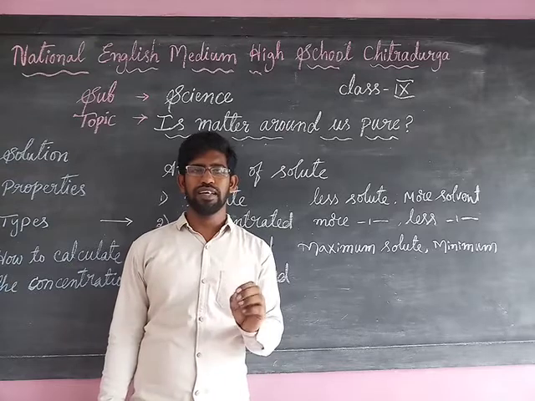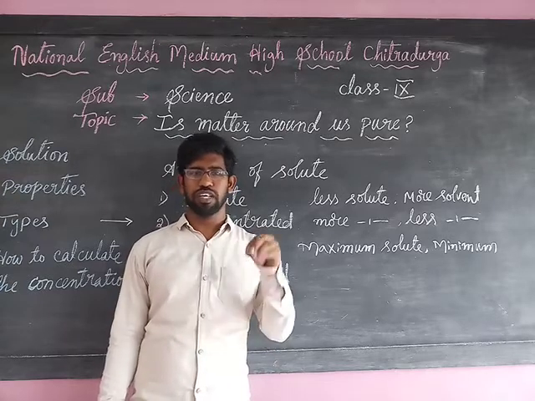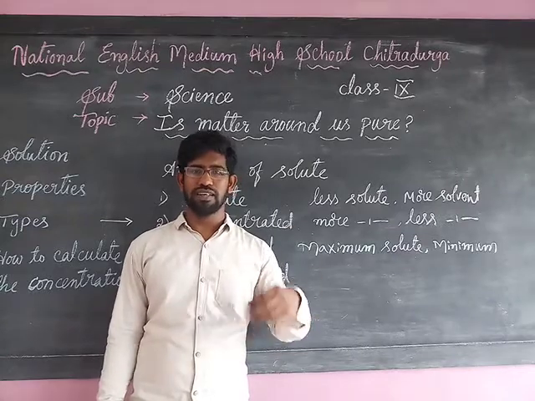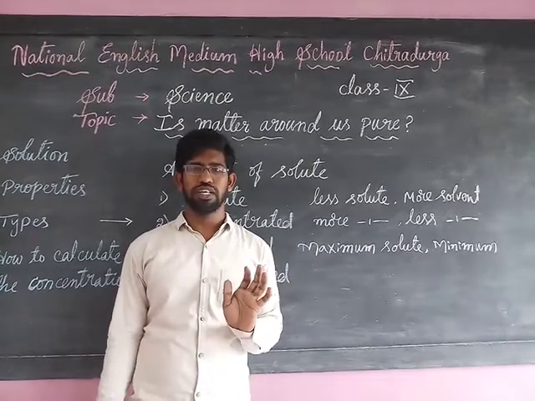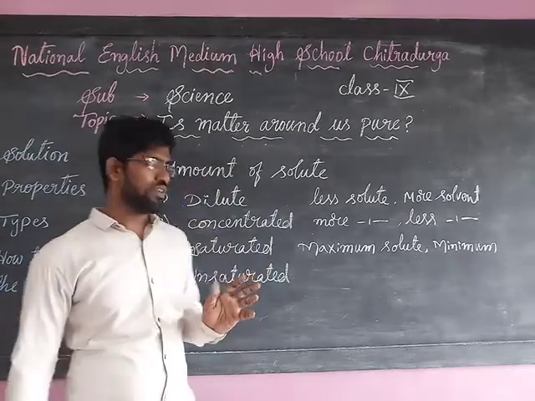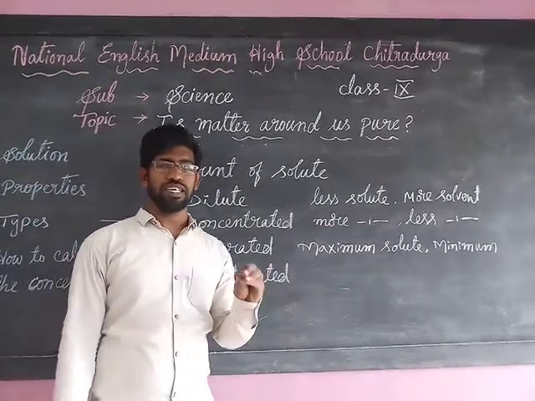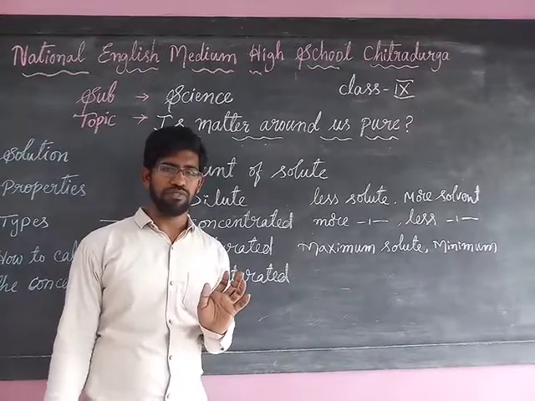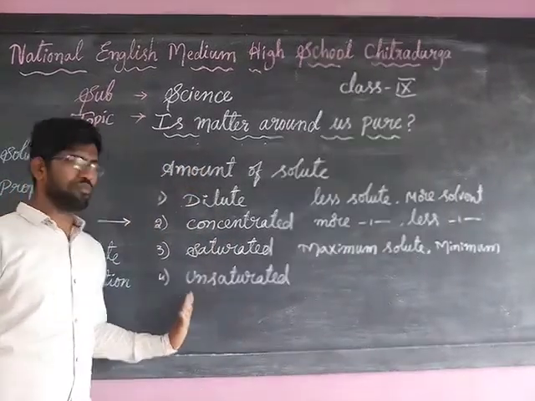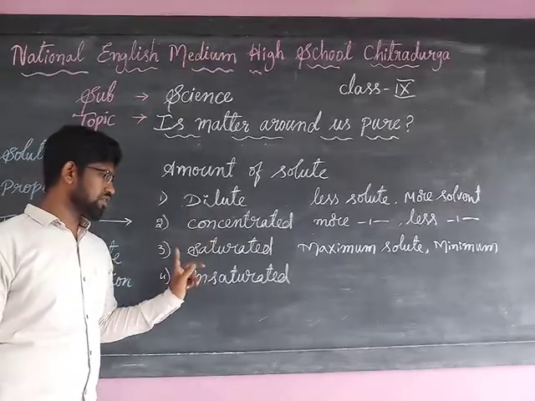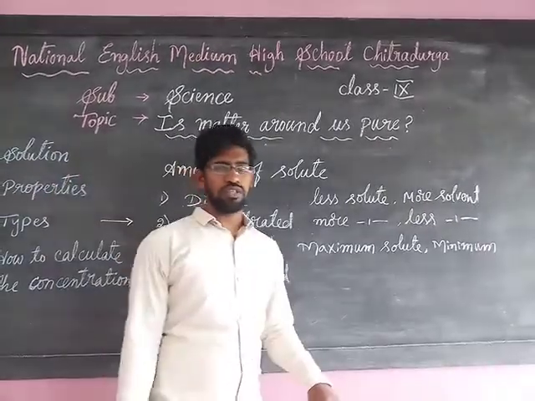It means if you are adding 8 spoons or 9 spoons of sugar into the water, there are still possibilities to add more sugar into the solvent. Such a type of solution is called an unsaturated solution at a given temperature. Understood everyone? So these are the four different types of solutions: dilute, concentrated, saturated and unsaturated.